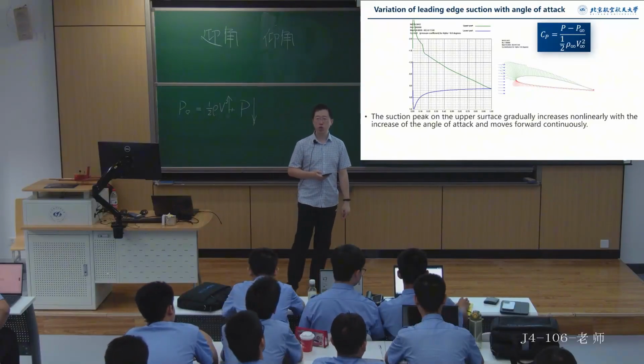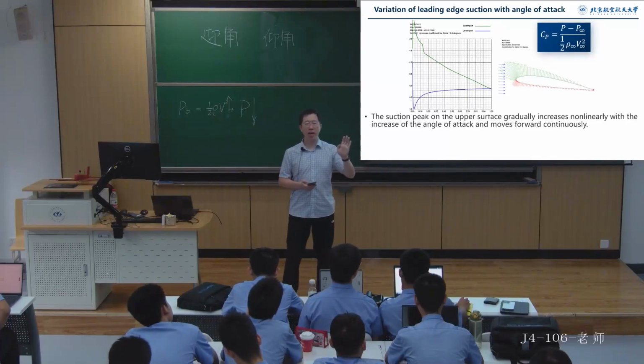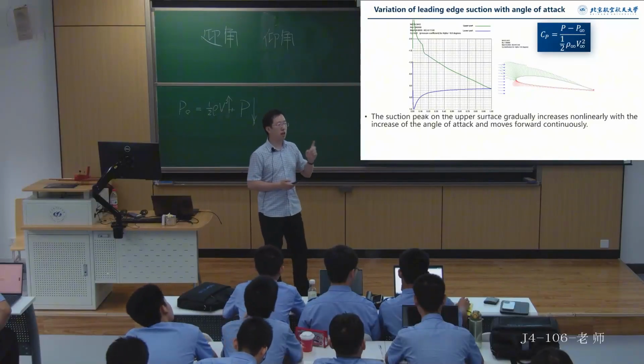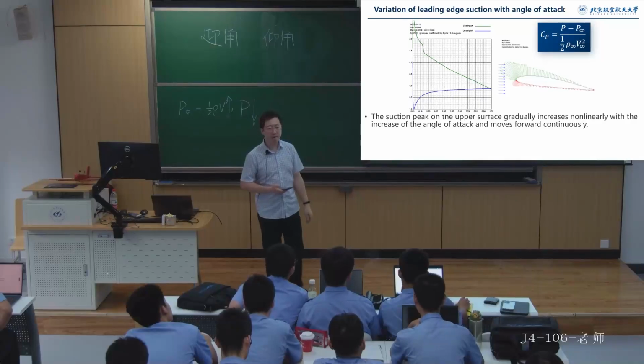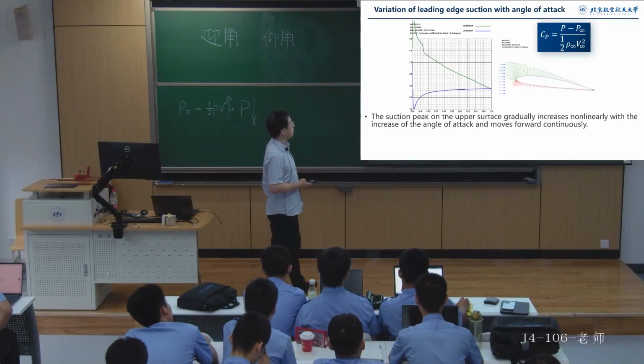Mainly from the front part, right? The sharp peak at the leading edge actually contributes significantly to the increase in lift as the angle of attack increases. And as the angle of attack continues to increase, let's see what happens next.